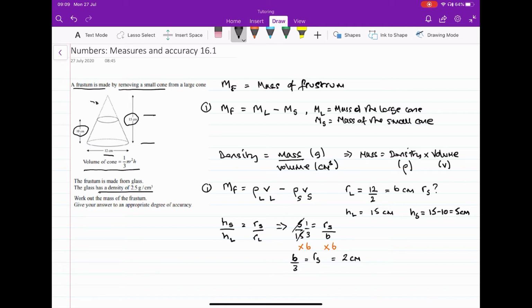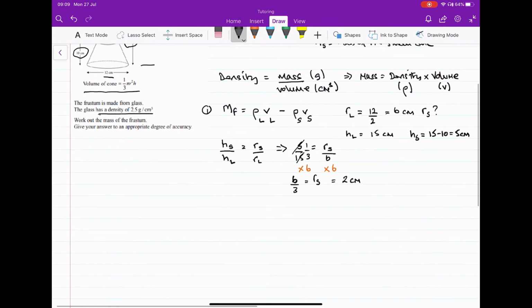We're now pretty much ready to apply our formula. So let's do just that. So let's go back to 1 again. The mass of the frustum equals the density of the large cone, which is the density of glass, and we're given that as 2.5 grams per centimeter cubed.